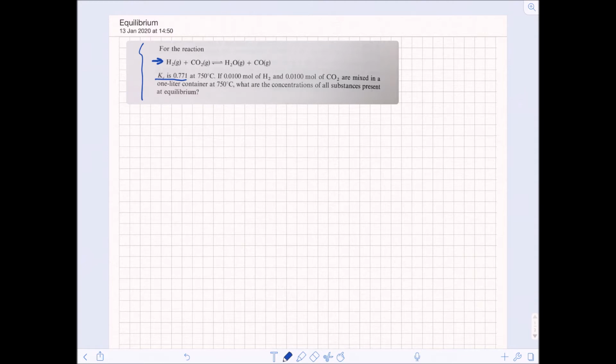We also see the relation between the different components in the reaction is 1 to 1 in all cases. So 1 mole of hydrogen gas reacts with 1 mole of carbon dioxide to form 1 mole of water and 1 mole of carbon monoxide. And that's quite convenient.